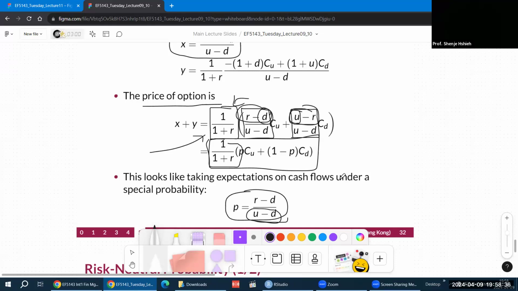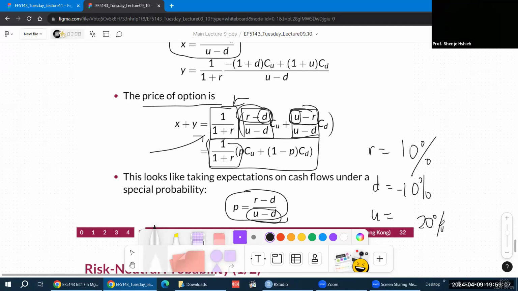All right, so let's give some numbers here. So in this setting, we assign R as 10%, right? I mean, the previous example, R is 10%. And we also assigned D as minus 10%, and U as positive 20%, right?